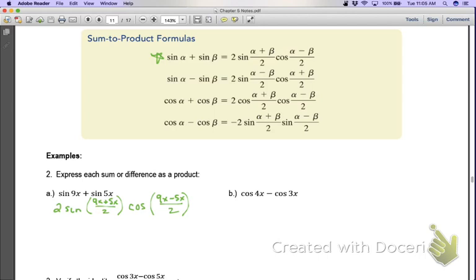Once we get to this point, just like when we did product to sum, I'm going to do two things at once. 9x plus 5x is 14x, or actually I'll just write it out.